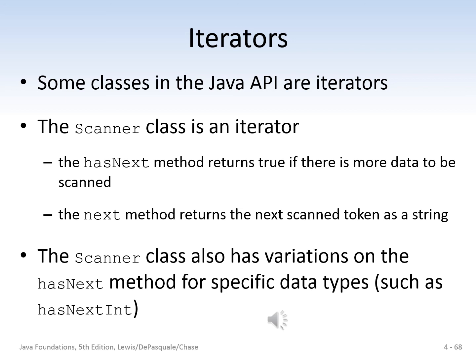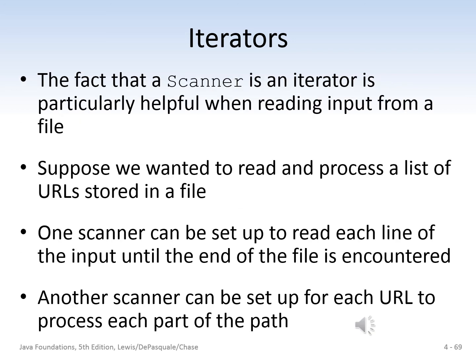The scanner class also has some variations of hasNext, such as hasNextInt. It will return true if the next token in the stream is an integer. And as you might have guessed, the fact that the scanner class is an iterator makes it extremely useful when we're reading input from a file.